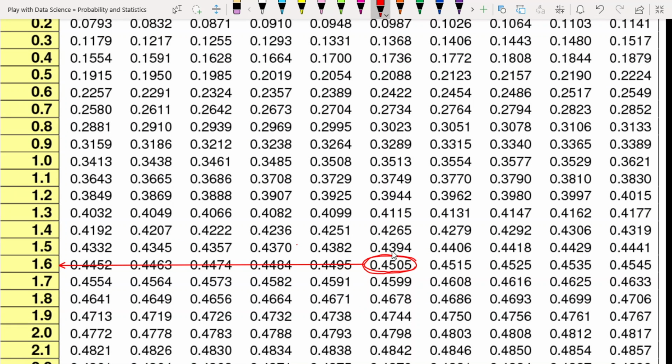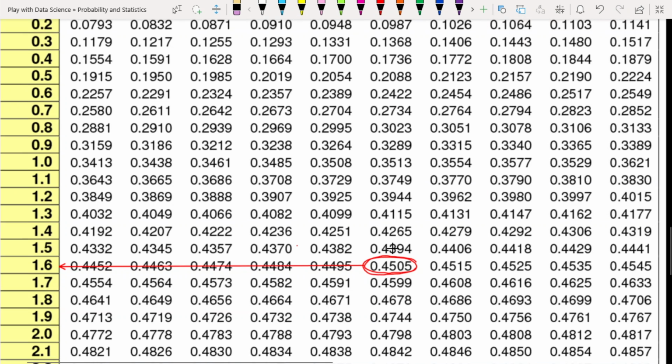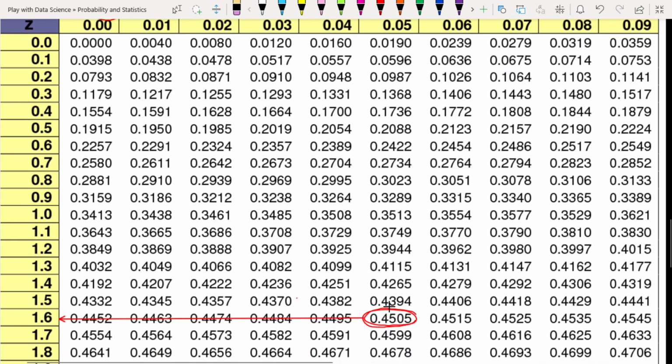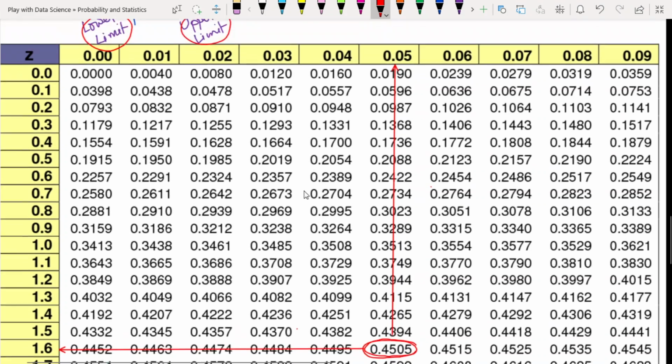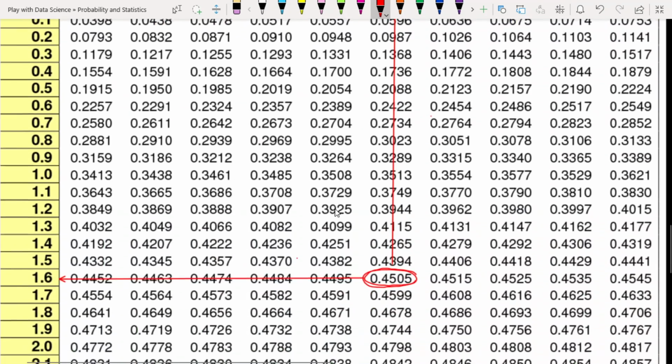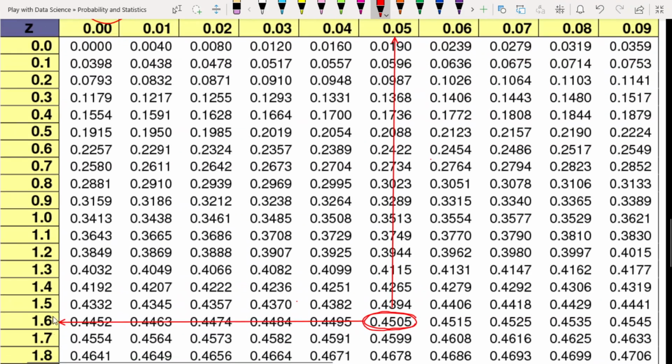And if you look in the upper portion, this value is 0.5. These two values we are interested in. For the 40% area, these two things tell us the z value.